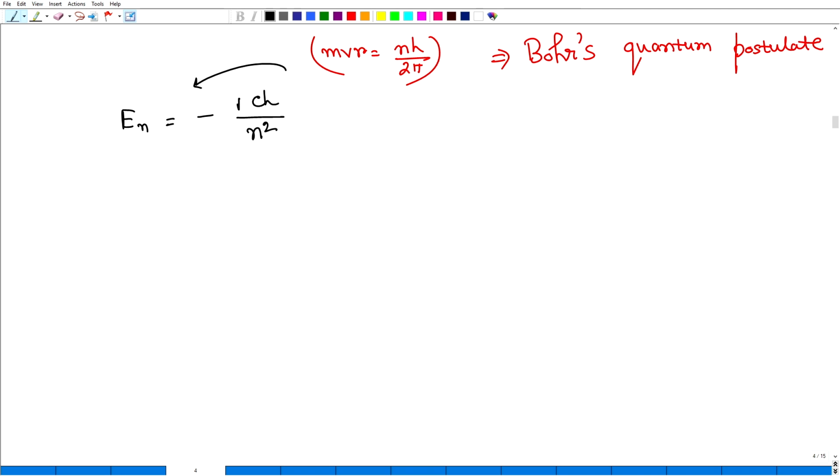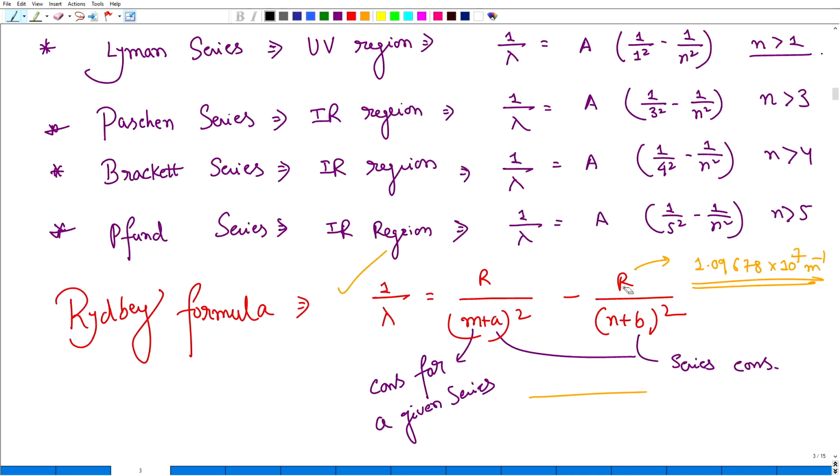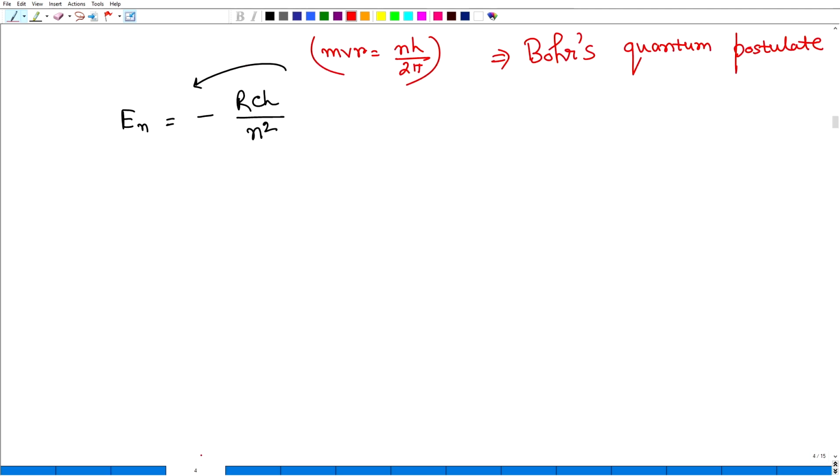Okay, let it remain as R, but it can be something else so that we can differentiate. So let it be rho. In the analysis we have done for the hydrogen atom, the energy value was this one, Rch by n squared, right, the general value.